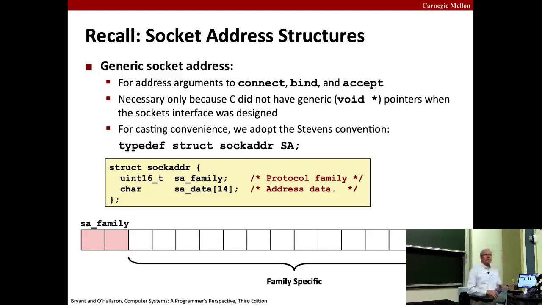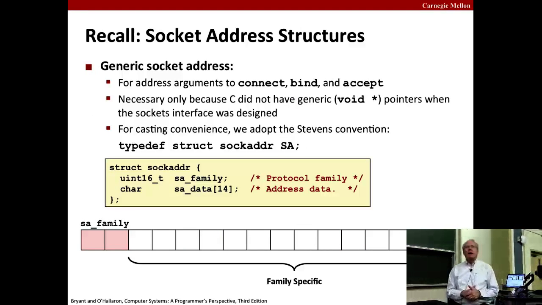So you recall from last time that the data structure we use to refer to a connection, whether it's an IPv4 or an IPv6 connection, is called a sockaddr. And as I mentioned, this is the C version of subtyping, if you know a language with type inheritance.